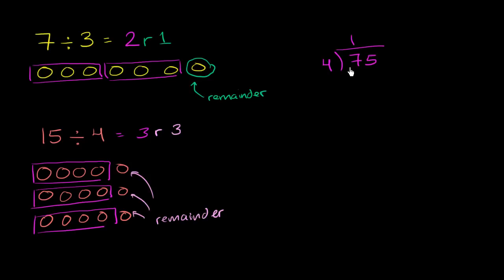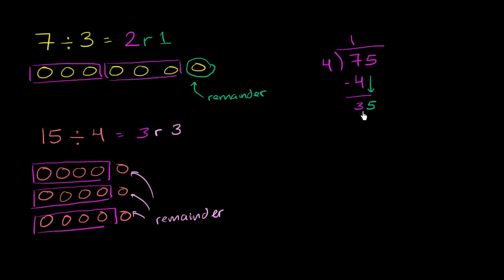And if you're looking at place value, we're really saying that 4 is going into 70 10 times, because we're putting this in the tens place. And then we say 1 times 4 is 4. But really, once again, since it's in the tens place, this is really representing a 40. But either way, we subtract 4 from the 7, we get a 3. And then we bring down this 5.